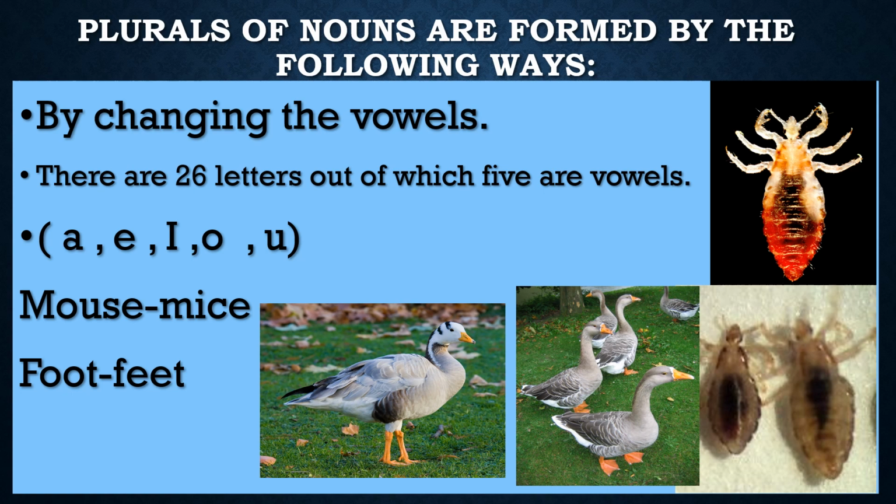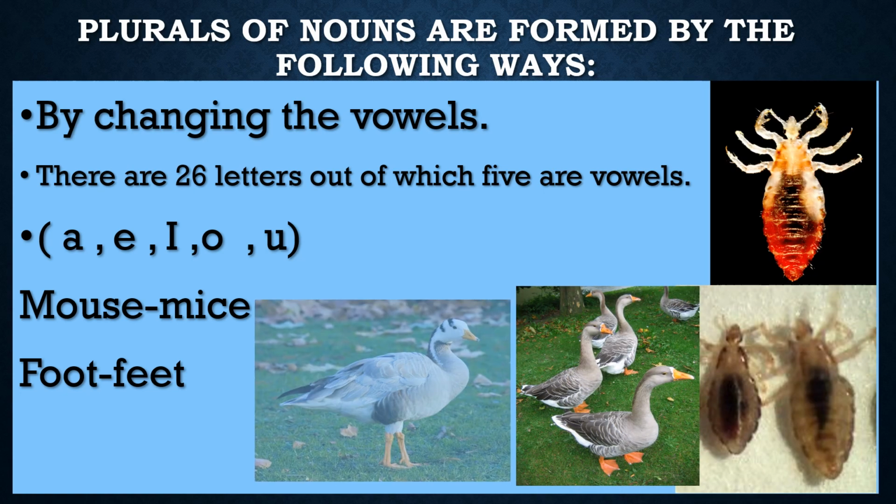There are 26 alphabets, and out of which 5 are vowels: A, E, I, O, U. So some nouns form their plurals by changing inside vowel or vowels. See the examples: mouse, mice; foot, feet; louse, lice; and goose, geese.